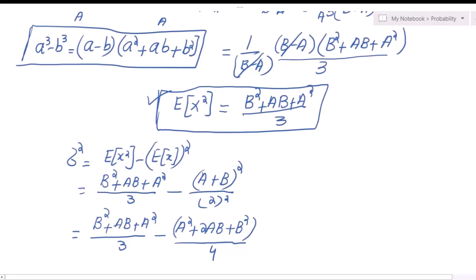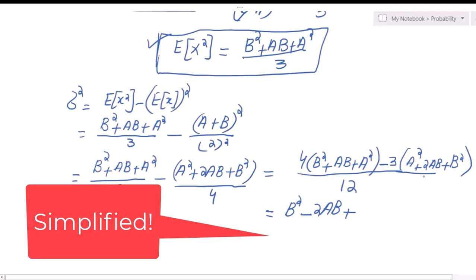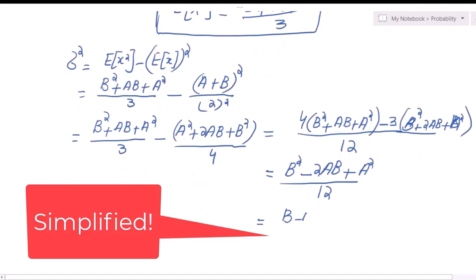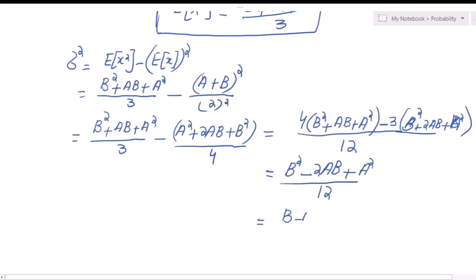So the LCM of it would be 12, or according to the mathematical formulation, it would be b minus a whole square divided by 12, and this is the sigma square, and this is the proof which we were asked to find here in this question.